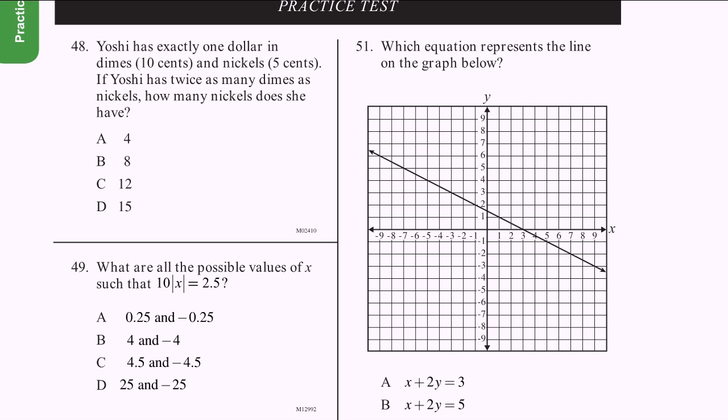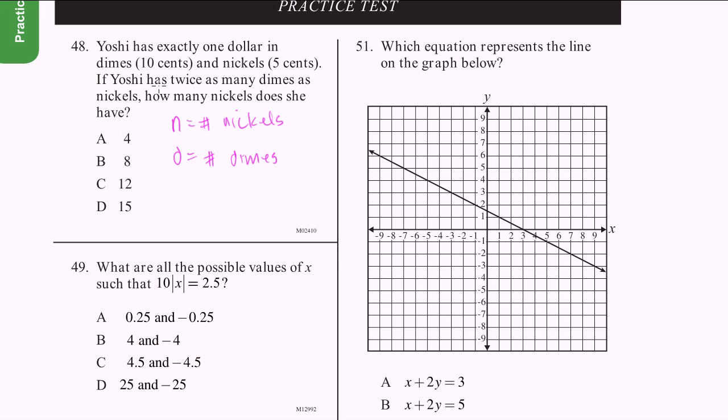All right. Problem 48. Yoshi has exactly $1 in dimes, which is 10 cents, and nickels, 5 cents. If Yoshi has twice as many dimes as nickels, how many nickels does she have? So let n equal the number of nickels, and let d equal the number of dimes.